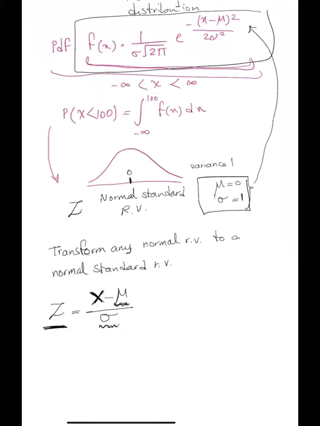So if you need to calculate any probability related to any normal random variable, all you need to do is transform that normal random variable to a normal standard, and then find the value of the probabilities that you are interested in from that table, because that table already has the value of all these integrals in it. So you don't need to calculate any integral again. Okay.